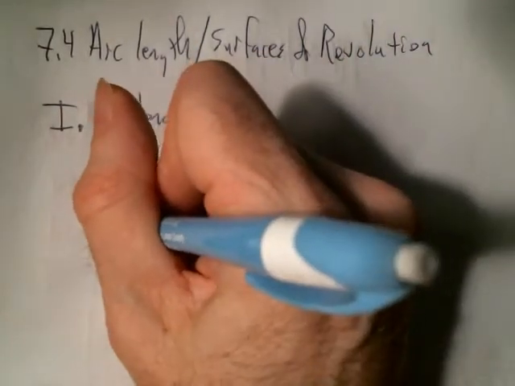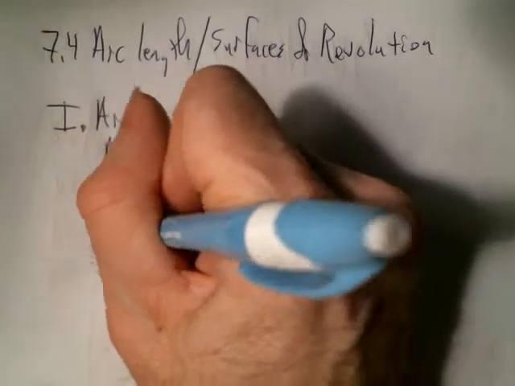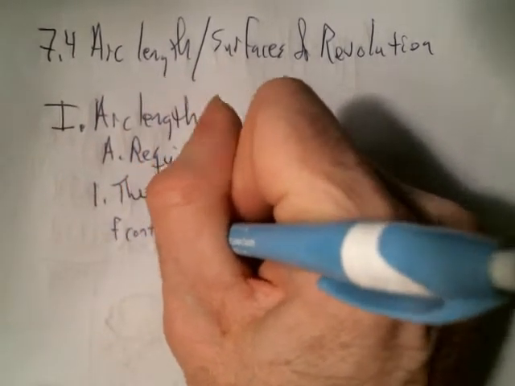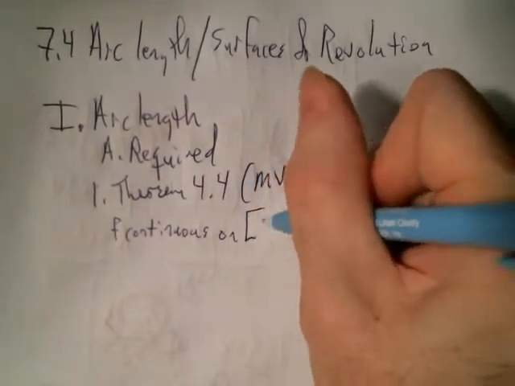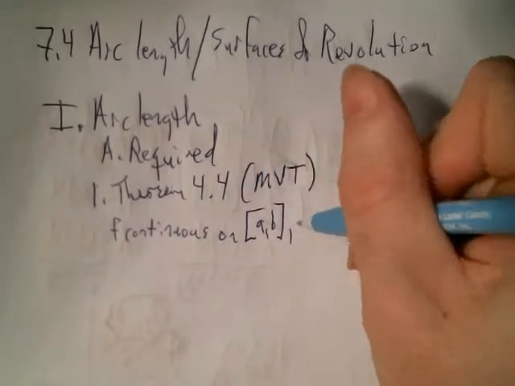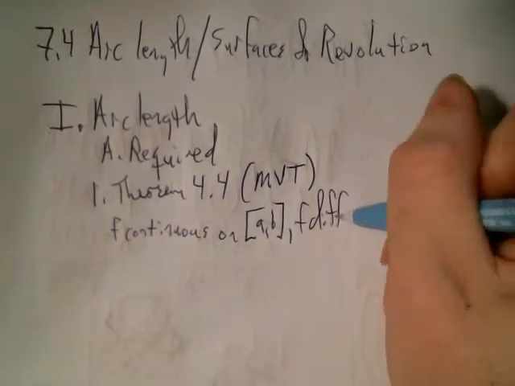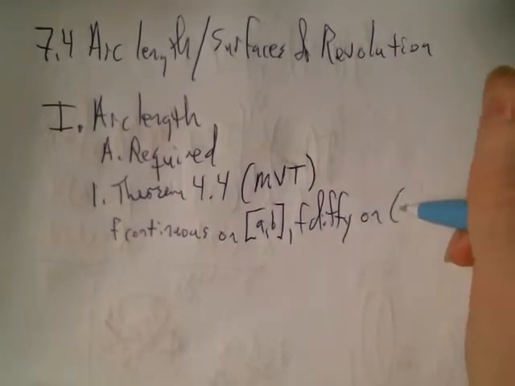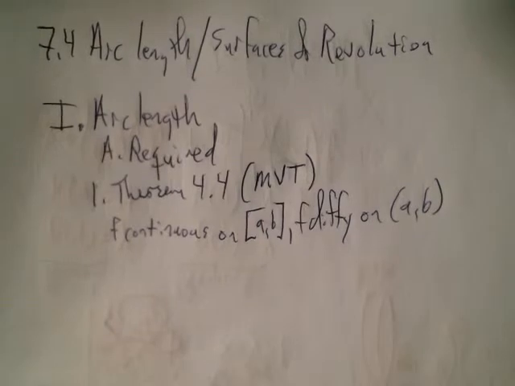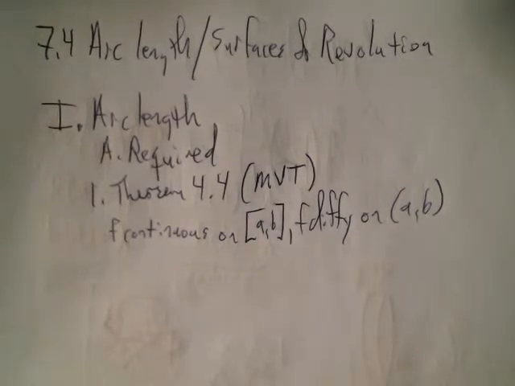You need f continuous on a closed interval, and then differentiable on the open interval. And if you have all that panning out, then there will exist this number.